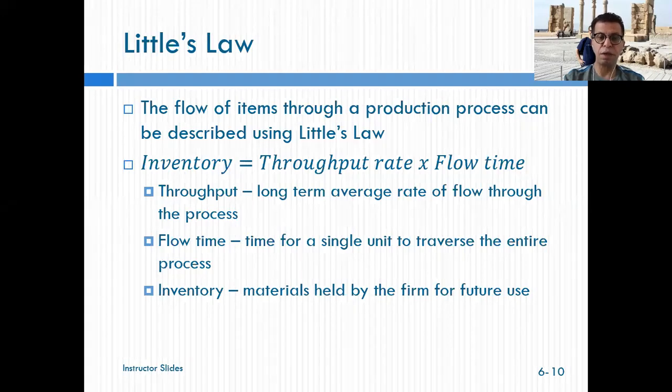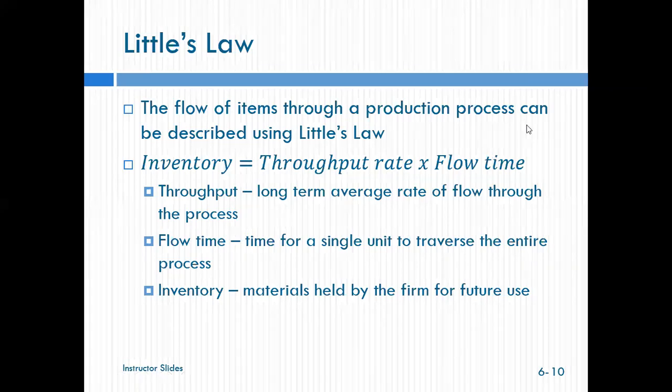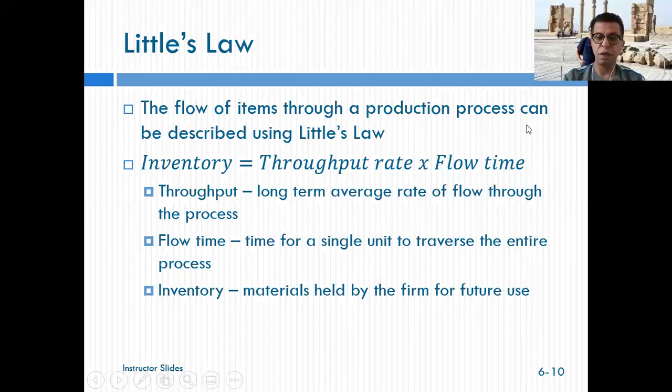So Little's law says that the flow of items through a production process can be described using Little's law. It says that inventory equals the throughput rate times flow time.